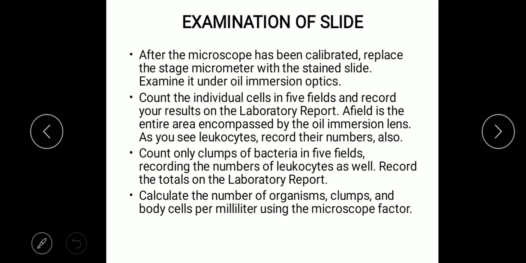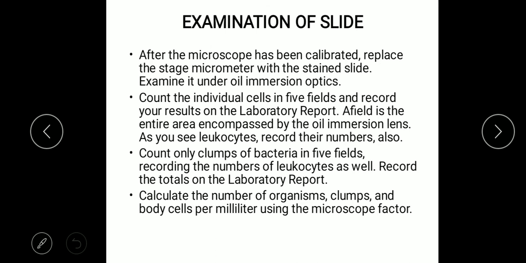After the microscope has been calibrated, we replace the stage micrometer with a stained slide, then examine it under the oil immersion objective. Then we count the individual cells in 5 fields and record the results on the lab report. A field is the entire area encompassed by the oil immersion lens.